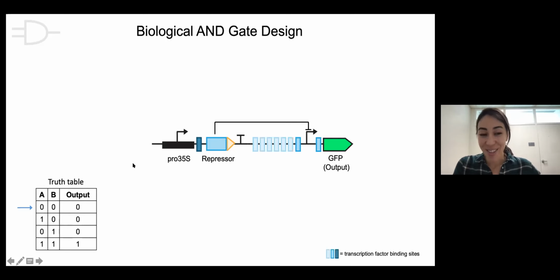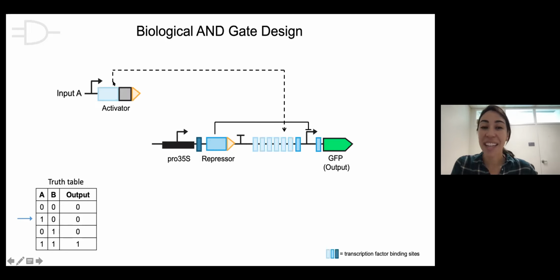So we have, in this case, no input, so neither input A nor input B are present. And we have our output gene, which is GFP, being repressed by a constitutively active repressor. So the GFP is being driven by, or would be driven by, the synthetic promoter, but this repressor is being expressed and is turning it off.